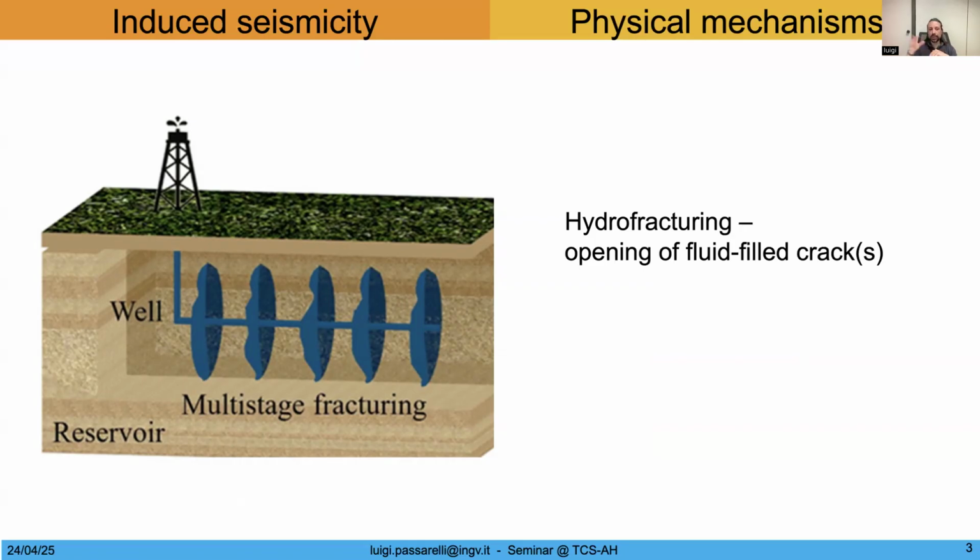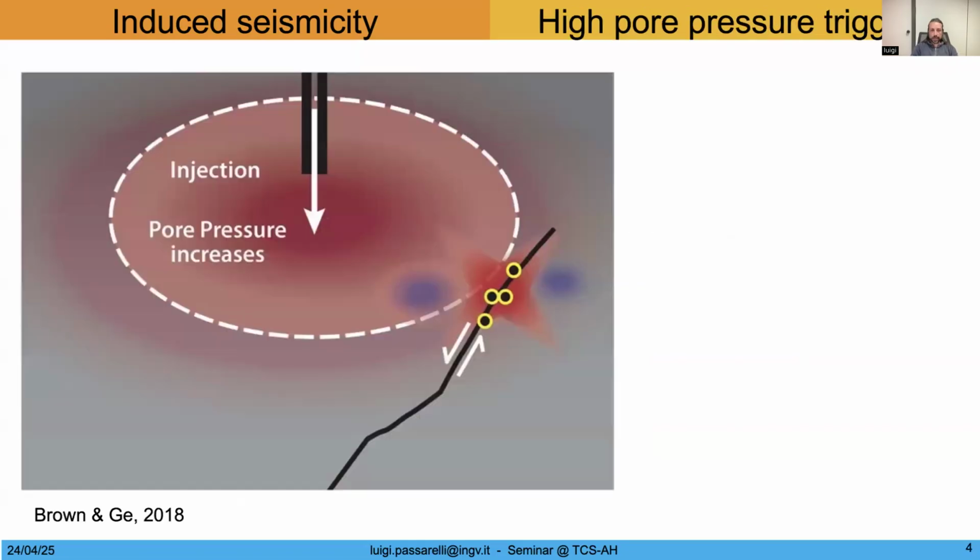I will go through each one a bit more in detail because these three models have a fundamentally different way to trigger earthquakes. So seismicity: failure on faults. The pore pressure increase is generally related to injection in a volume.